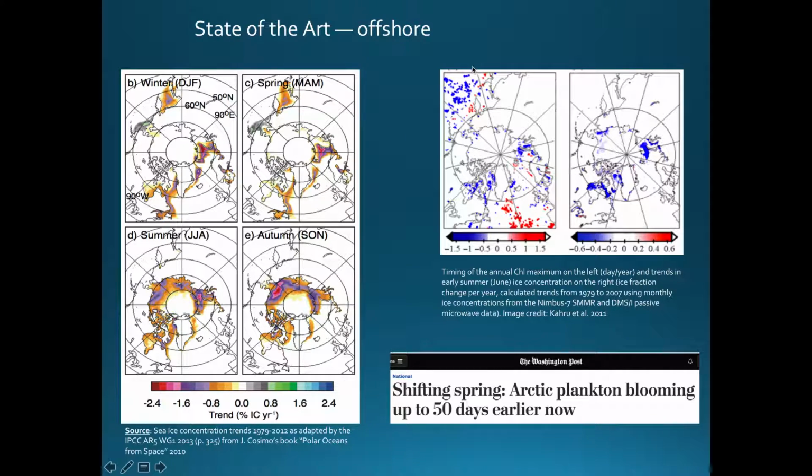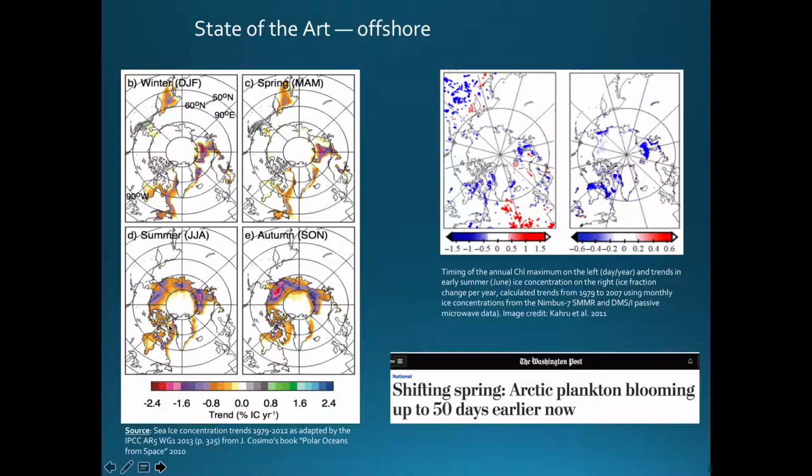So what is the state of the art? The IPCC has very good data. It sums up a very good amount of data about these changes in ice. Here you can see that for winter and spring we normally have ice in the Baffin Sea. That then disappears in the summer and autumn. But in the summer and autumn, there is a decreasing trend of ice concentration per year.